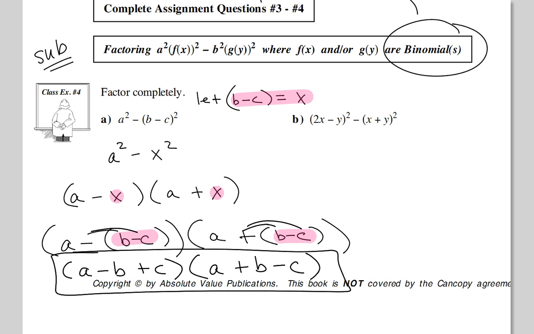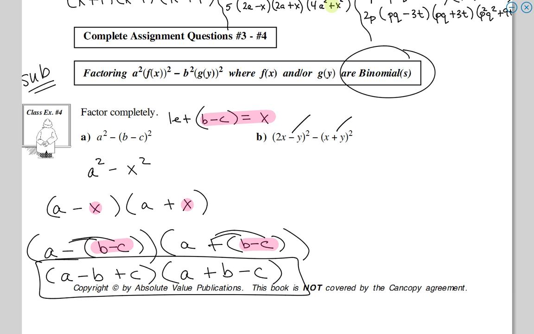Now for this other one, there's two separate binomials. Let's call this one capital A, and let's call this one capital B. And then you just have capital A squared minus capital B squared, which is just, whoa, what is that thing?